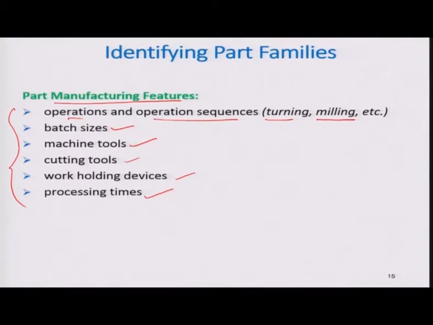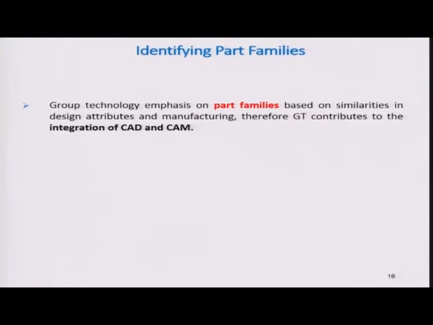On the basis of design attributes and manufacturing features, you can identify your part family. Group technology emphasizes part families based on similarity in design attributes and manufacturing. Therefore, GT contributes to the integration of CAD and CAM, because you are using design attributes as well as manufacturing attributes.